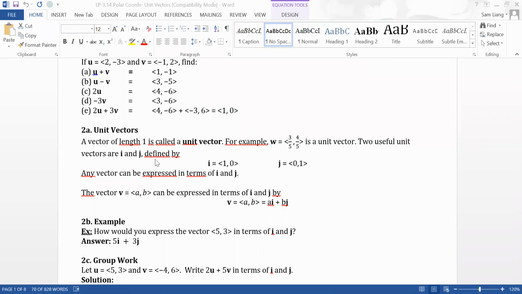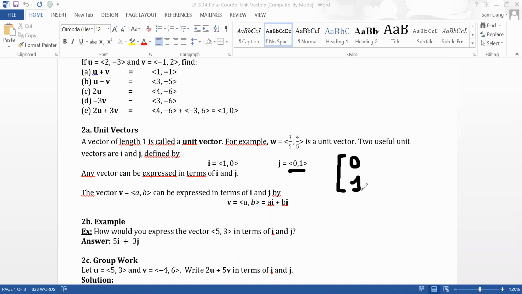Any vector can be expressed in terms of i and j. You might be wondering why we're doing this in the first place. The point is that this is just another way to write vectors. It's just a matter of notation. As we saw yesterday, this is one way to see a vector, with the brackets, 0, 1. If you take linear algebra next year in school or in college, there's another way to write vectors: as a one-column matrix.